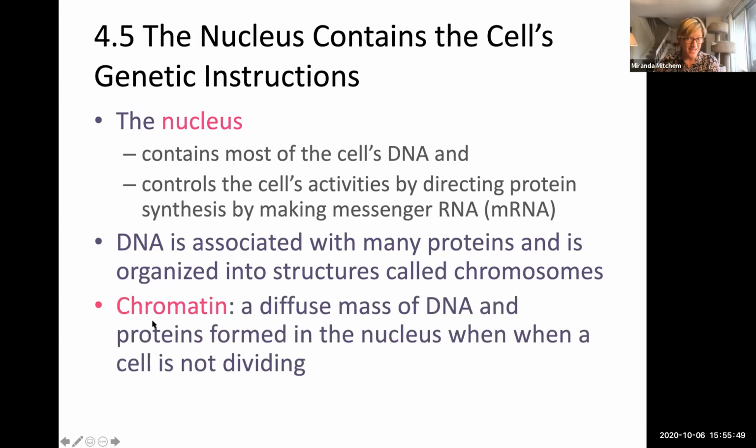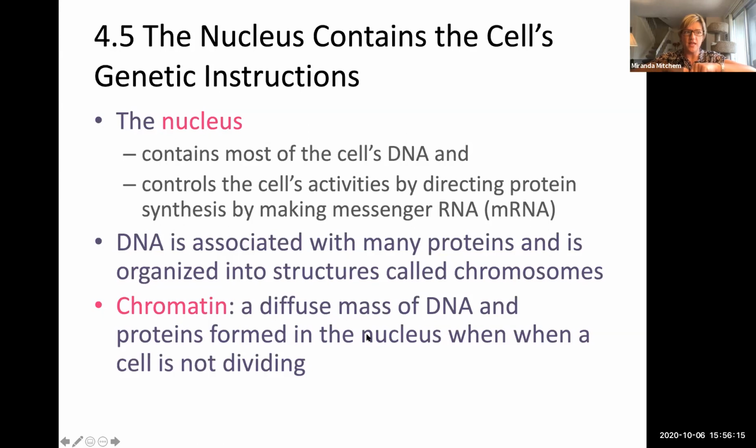Now, chromatin is a little bit different from chromosome. Chromatin refers to the presence of the DNA with those proteins, right? So those folding proteins have to be in there as well. But the only time we see DNA organized as chromatin is when the cell is not dividing.